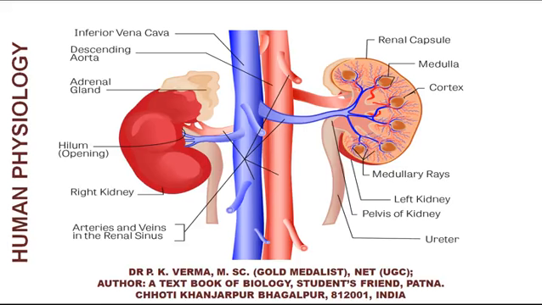In the right kidney, only the attachment of arteries, veins and the ureter is shown, but in the left kidney, you can see branches formed of veins in this diagram. In fact, the vein is dorsal to the artery.